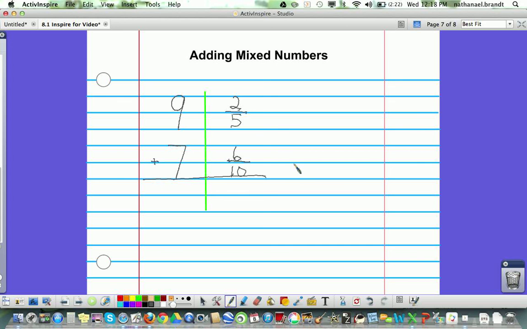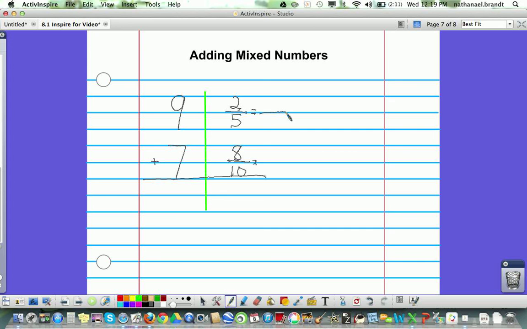In that case, it's not going to be too difficult, but you're going to get a really big number. So in this case, I'm going to think about the multiples to find the least common multiple.